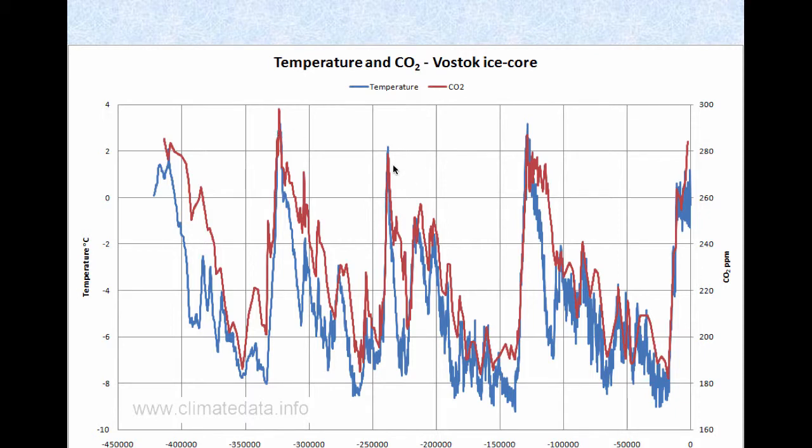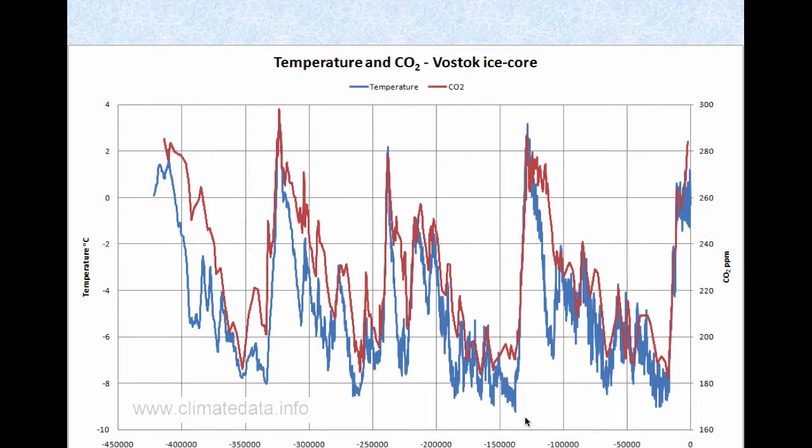The big question, of course, is which comes first. Remember that you have an ice core, and we talked about this when we talked about isotopes a couple of clips ago, you have to use independent dating methods like radiocarbon dating to figure out the time at which that ancient ice and the ancient CO2 was laid down.